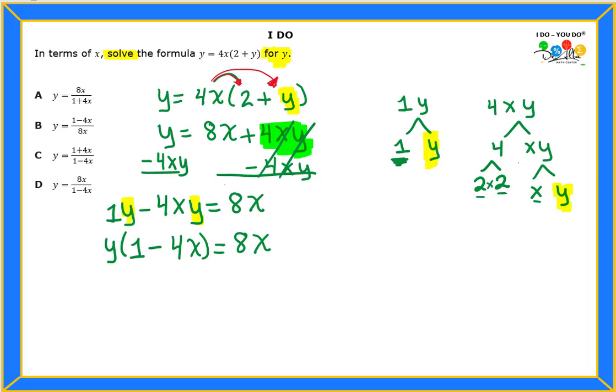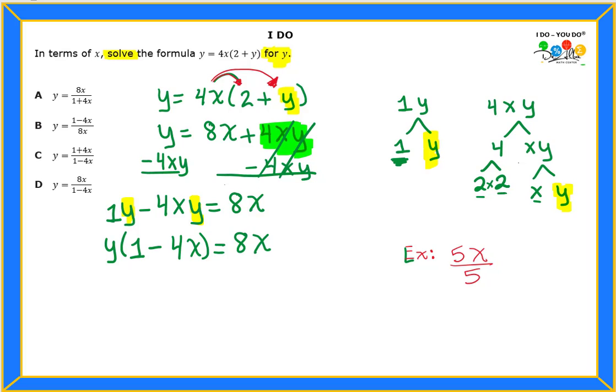And now I need to leave y by itself. So remember, when you are multiplying a variable by a number, you can always leave the variable by itself by dividing. So for example, let's suppose I have 5x and I want to solve for x. Wouldn't I need to divide by 5 because they're multiplying?